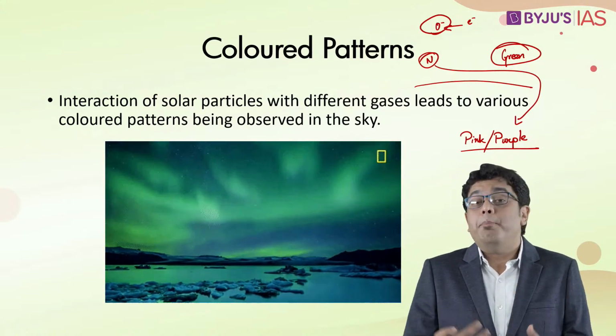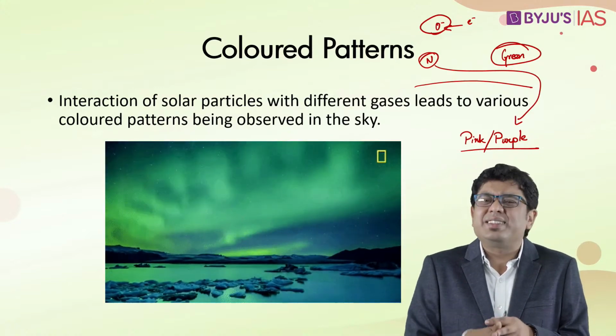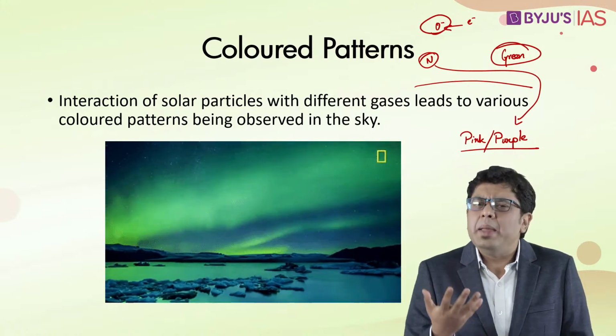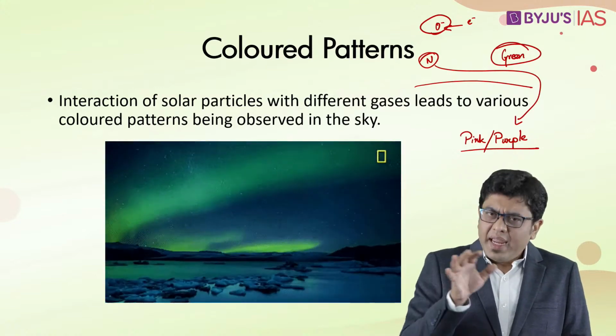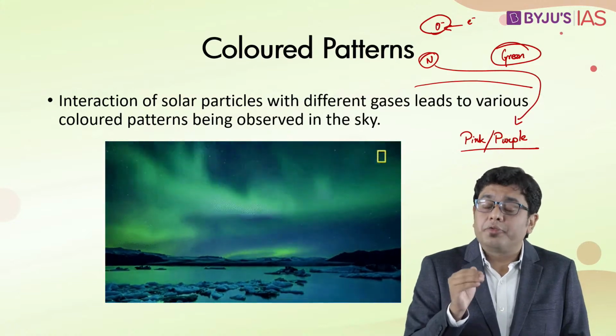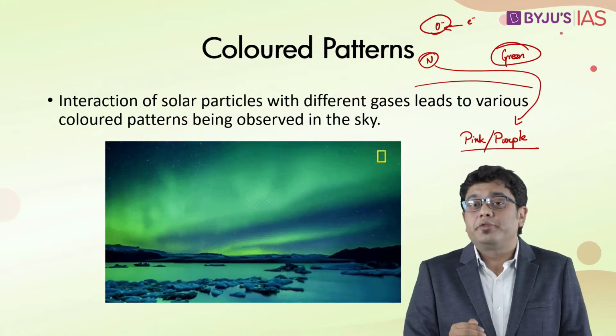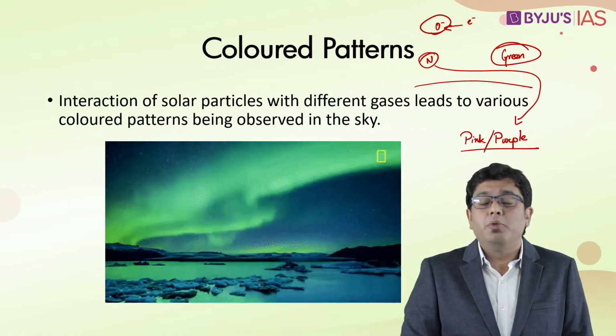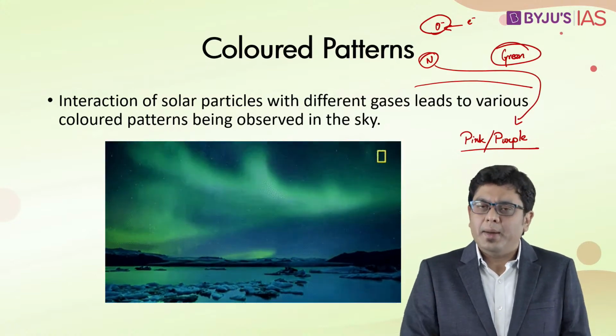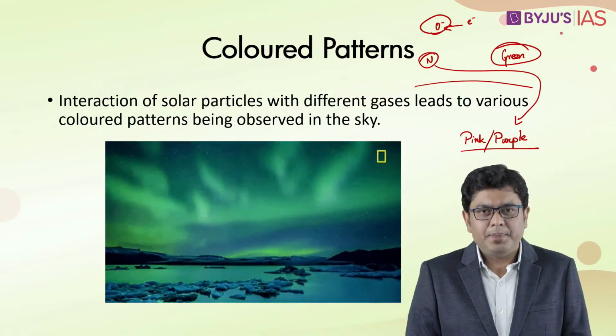But if the bombardment is experienced at a lower height, maybe roughly around 800, 900 kilometers from the surface, or maybe around 100, 200 kilometers from the surface, if the oxygen molecule is bombarded, we end up experiencing the green light.